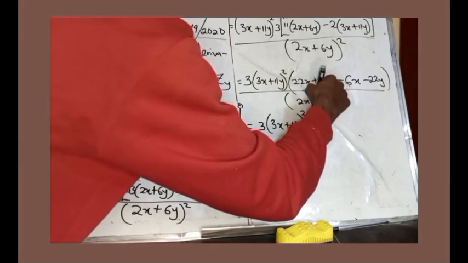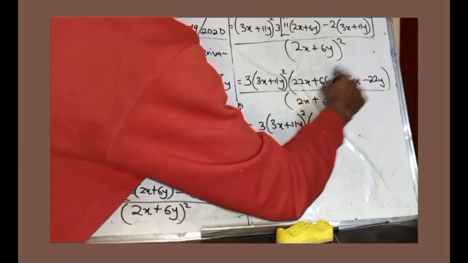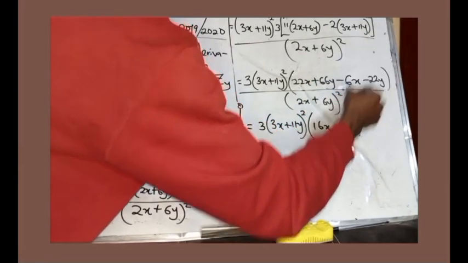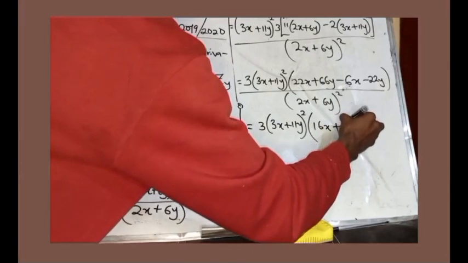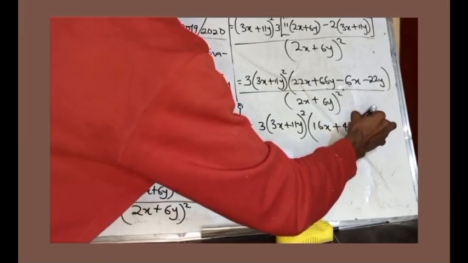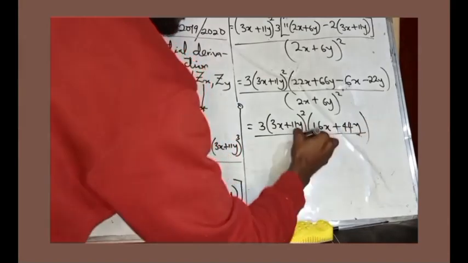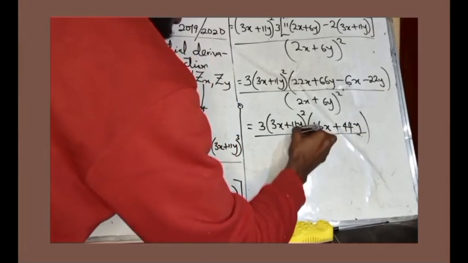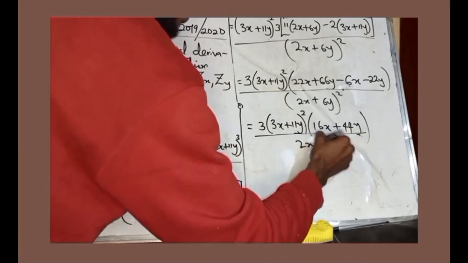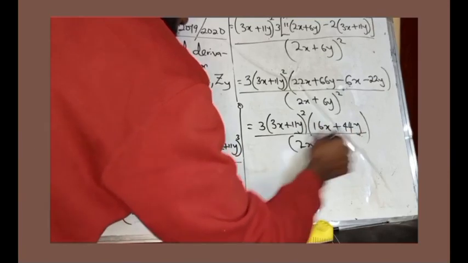Then next we have 66y minus 22y, definitely to be plus, and I have 44y. Now divided by 2x plus 6y all square.